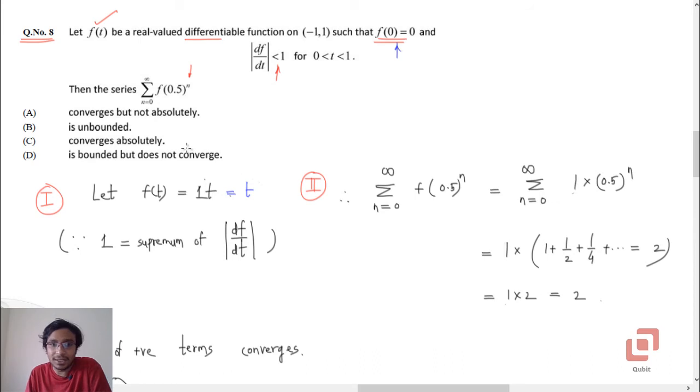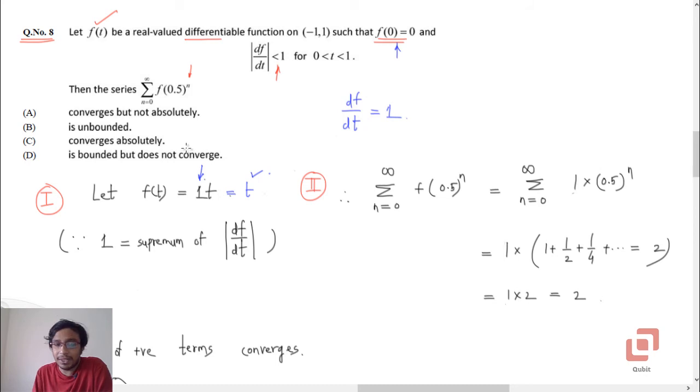Yes, it clearly does. Okay, but now if you look at the coefficient of t, it is 1, so df by dt for our function will always be 1. Yes, and what is 1? Look at the condition. Mod of df by dt is always less than 1.